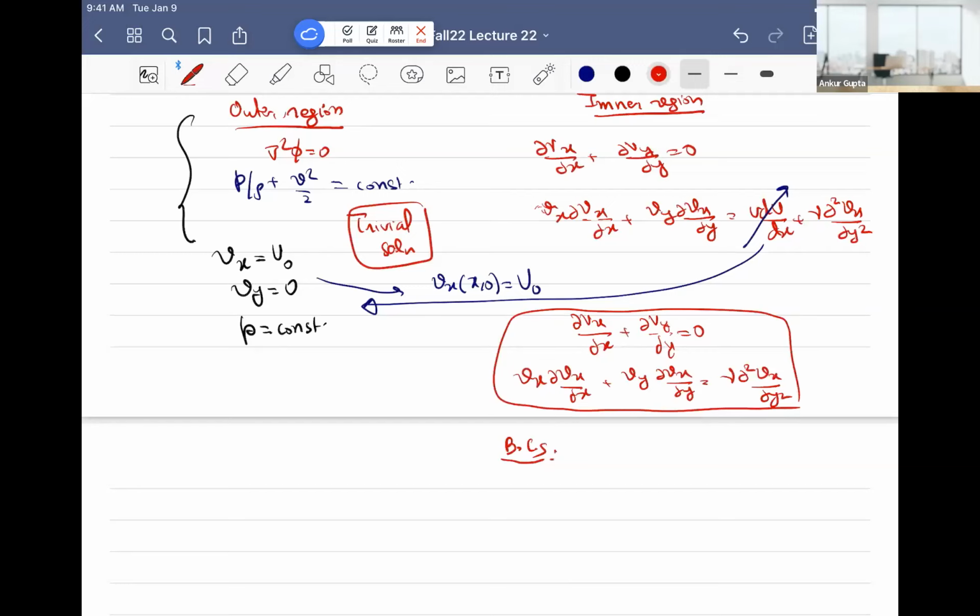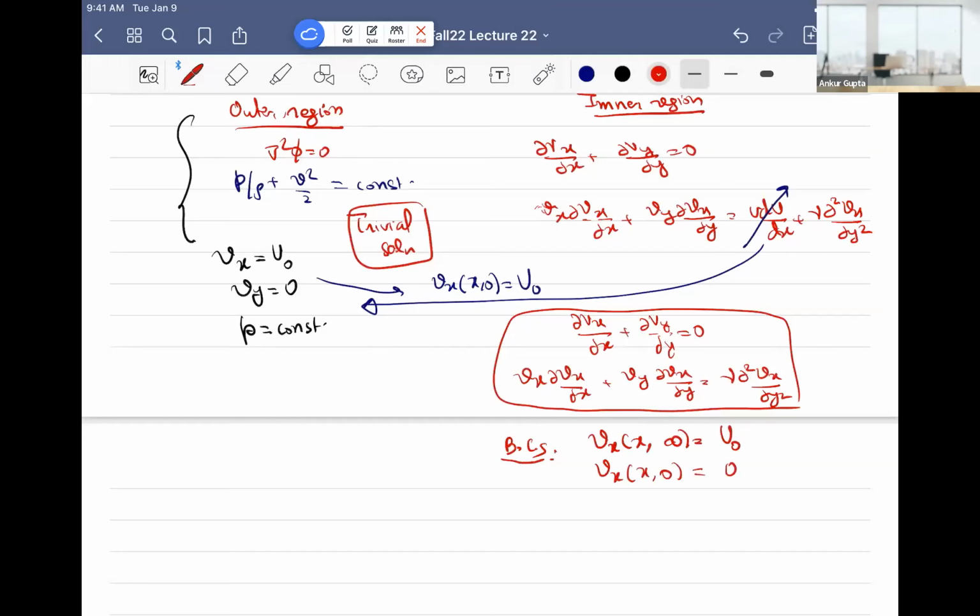Good. So I believe Sauradeep mentioned y equal to infinity. So vx of x comma infinity approaches u naught. So this was the matching condition, right? Where you approach the velocity far away. I need to know that there are two derivatives in y with respect to x, so we need another one in y, and that is simply the no slip.